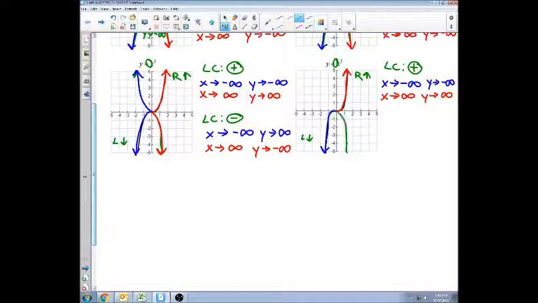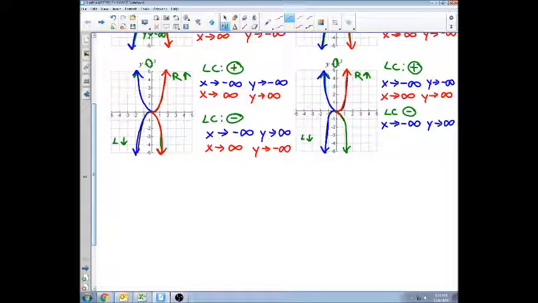So what if my leading coefficient is negative? Well, as x moves to the left, my y has gone up. How do I say x is moving to the left in infinity notation? X approaches negative infinity. How do I say y went up? Y approaches positive infinity.